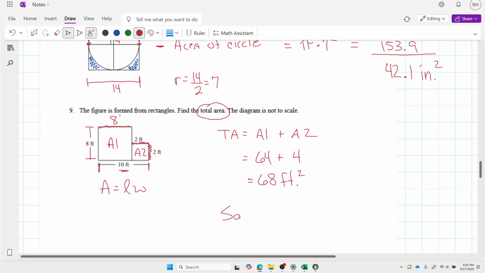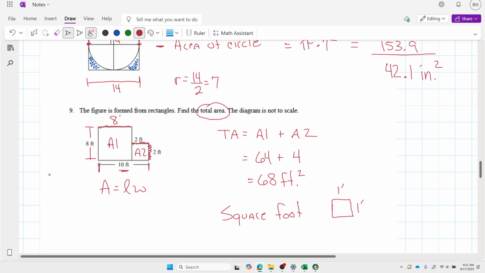And a square foot is a square. What would its dimensions be? 1 foot by 1 foot. Very good. Square feet.